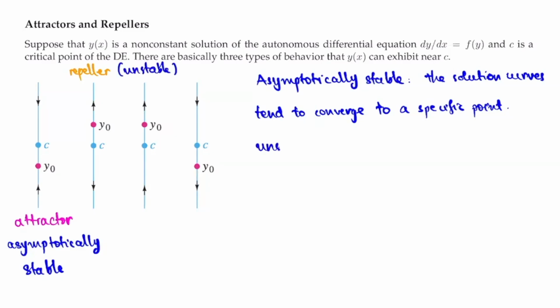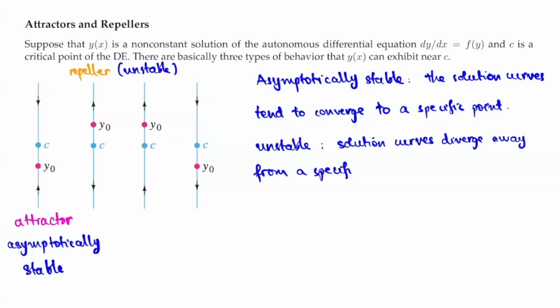So unstable means that the solution curves diverge away from a specific point.